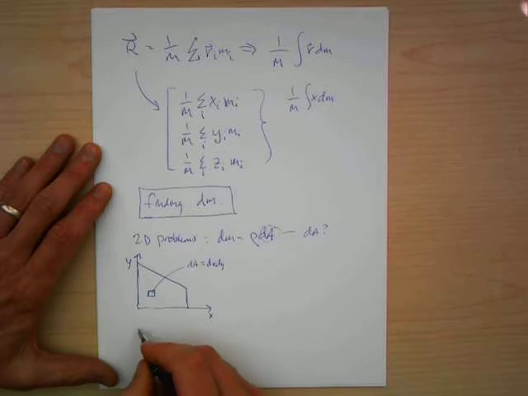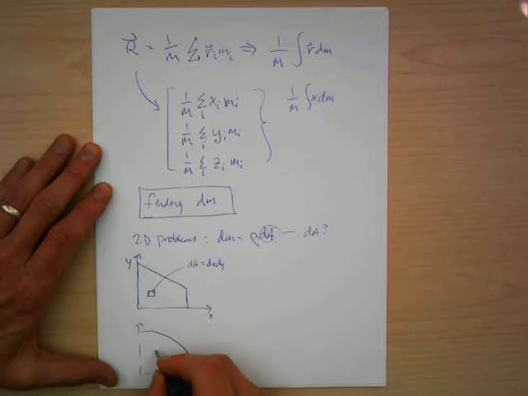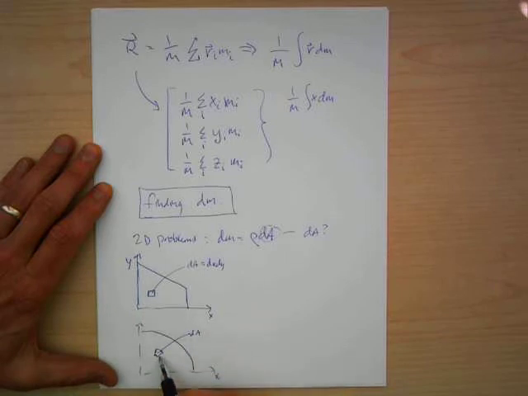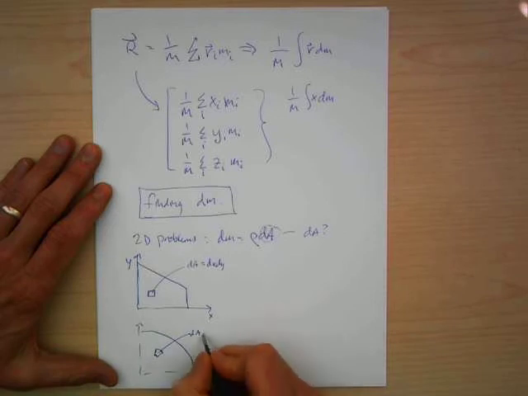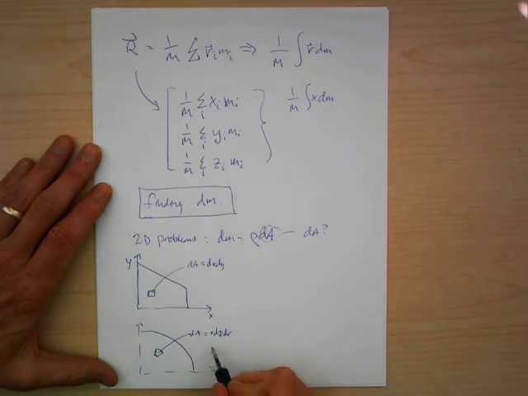If we had a different shape, we might find that the polar coordinate system would be an easier coordinate system to work in. So still, we have to figure out what our little dA is. It's just a little element of area in whatever coordinate system we're working in. And in polar coordinates, that dA would be r dr d phi.